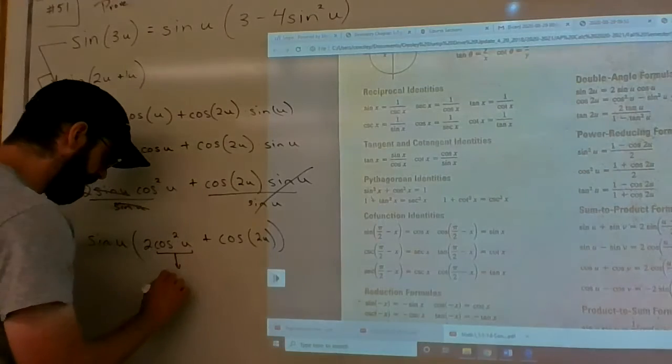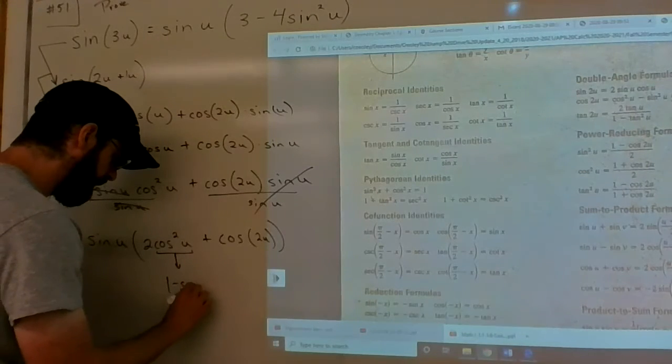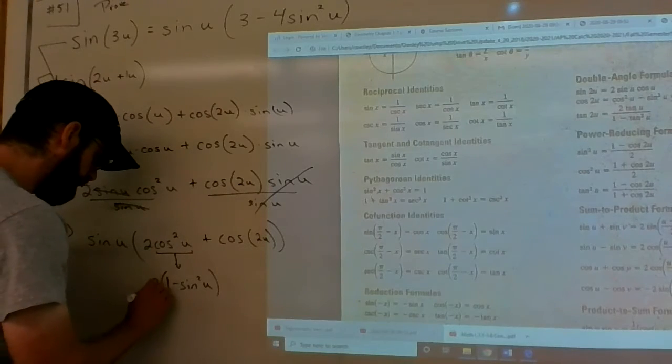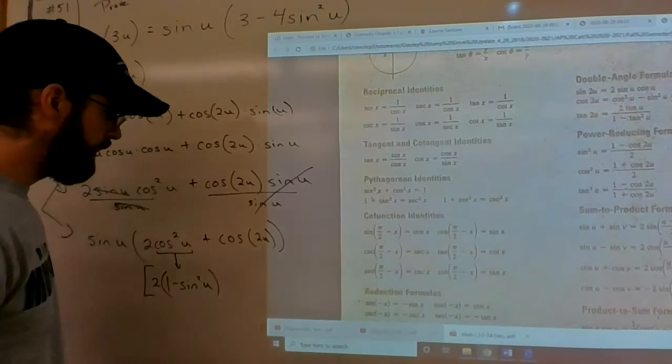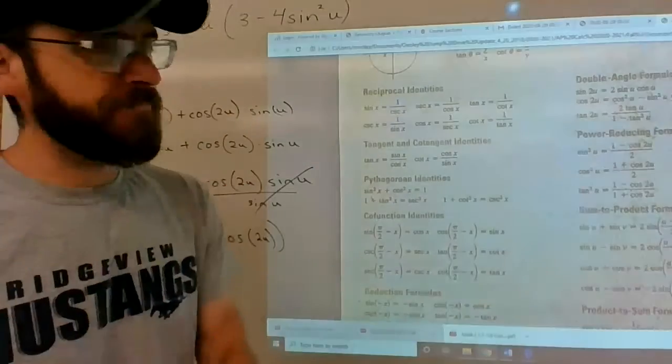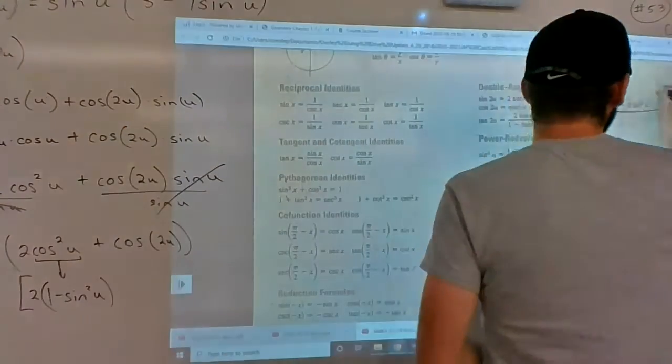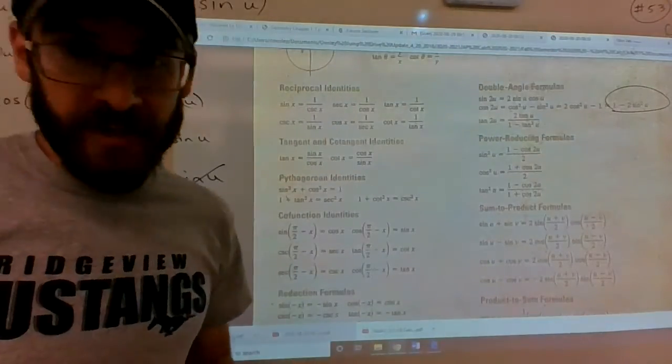So this becomes 1 minus sine squared of u times 2. Put a bracket here. Cosine of 2u then, this is pointing us exactly to which version we should use. This is the one version that only has sines.